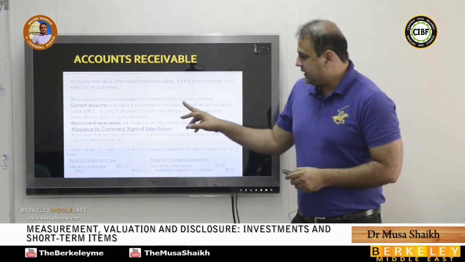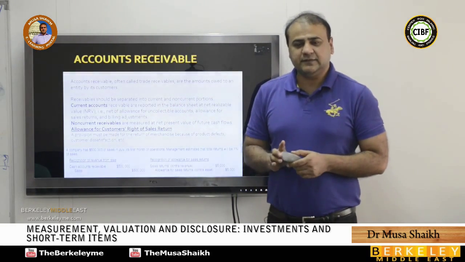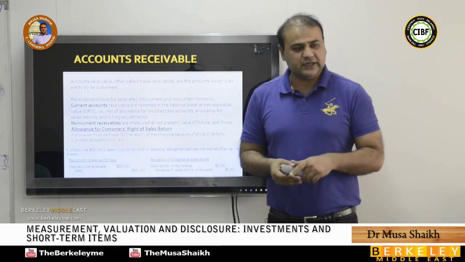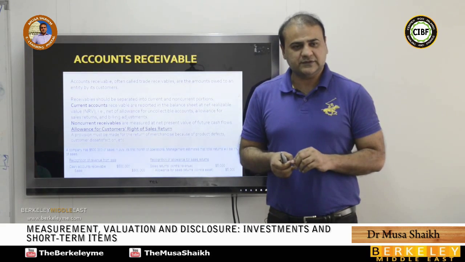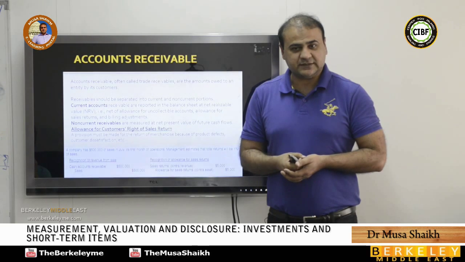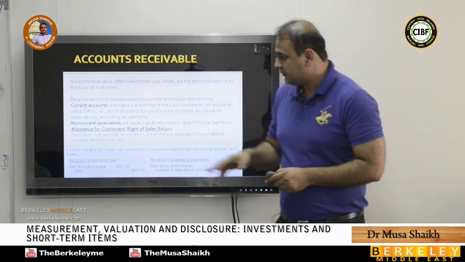Receivables should be separated into a current and non-current portion. Generally, receivables are for a useful life of less than 1 year, so we classify them as current assets, but there are some receivables which have more than 1 year life. Those will be classified as non-current receivables.